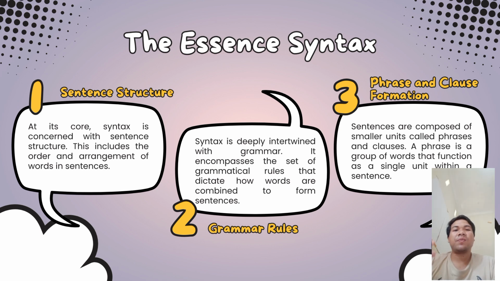Common types of phrases include noun phrase, verb phrase, and prepositional phrase. For example, in the sentence "the quick brown fox jumps over the lazy dog," the quick brown fox is a noun phrase and jumps over the lazy dog is a verb phrase.